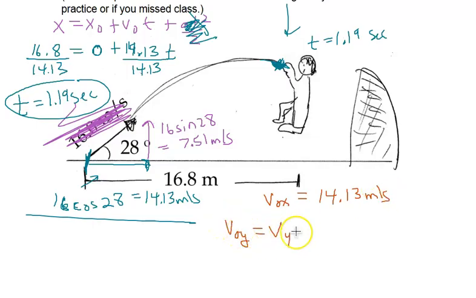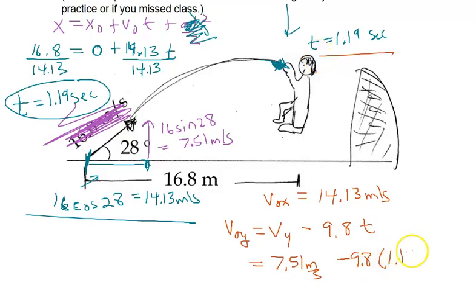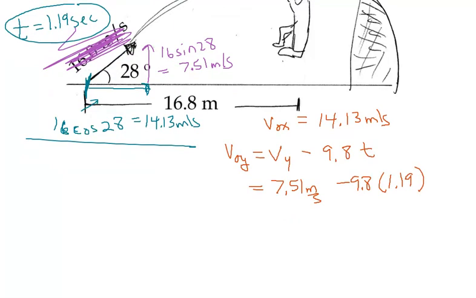V naught Y started out going 7.51 meters per second, losing 9.8 meters per second for this much time. And you get that it is on its way down again. So in none of these problems did things happen on the way up yet.